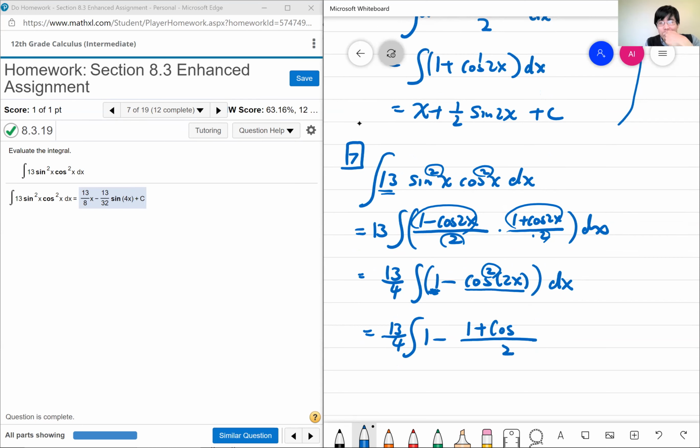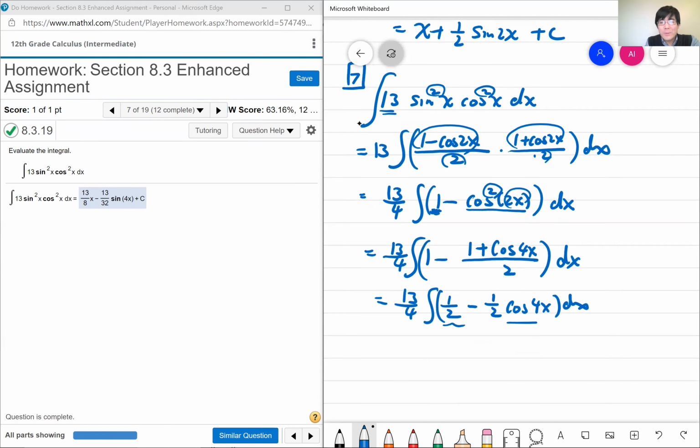So it's going to be 1 plus cosine of the double angle. So twice of 2x, which is 4x here. So combine like terms, 1 minus 1/2 minus 1/2 cosine 4x. Okay, so now you can integrate both of them.